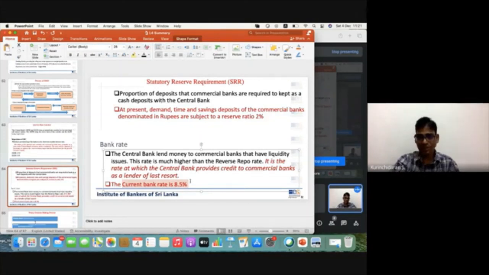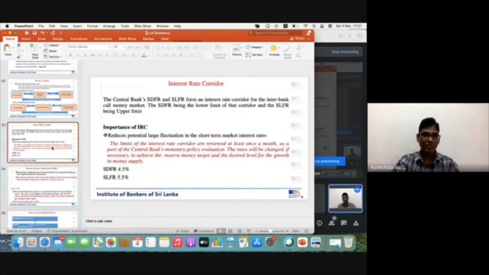In a practical sense, banks do not come to borrow at this rate, because if somebody comes to the central bank to borrow, the central bank will get to know this bank is in trouble. That's why they come to this window. So it's rarely that banks come to borrow at this window. If they want to borrow, normally they borrow through this one.